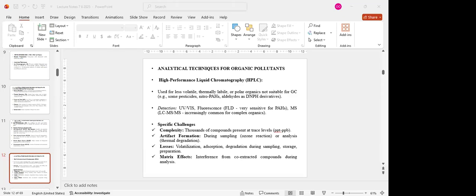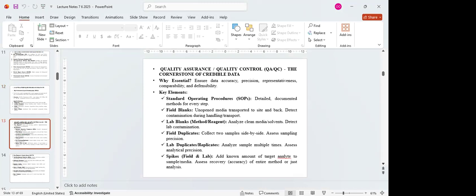And once that is done, it gives a contamination to the data that will be extracted from the sampling. That's the matrix effects, now interference from co-extracted compounds during analysis. That's another possibility. And these are some of the challenges and struggles with this.